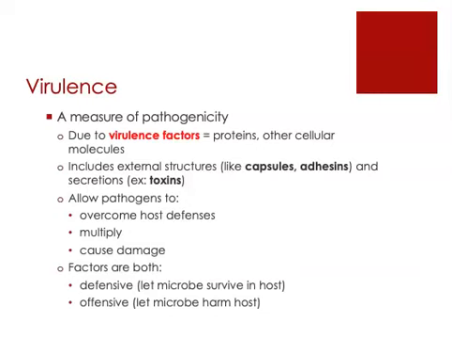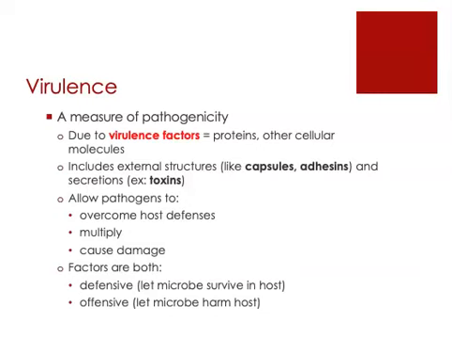There are also external structures called adhesins, which we didn't talk about, but adhesins are the kind of structures that allow a pathogen to physically attach itself to certain tissues.